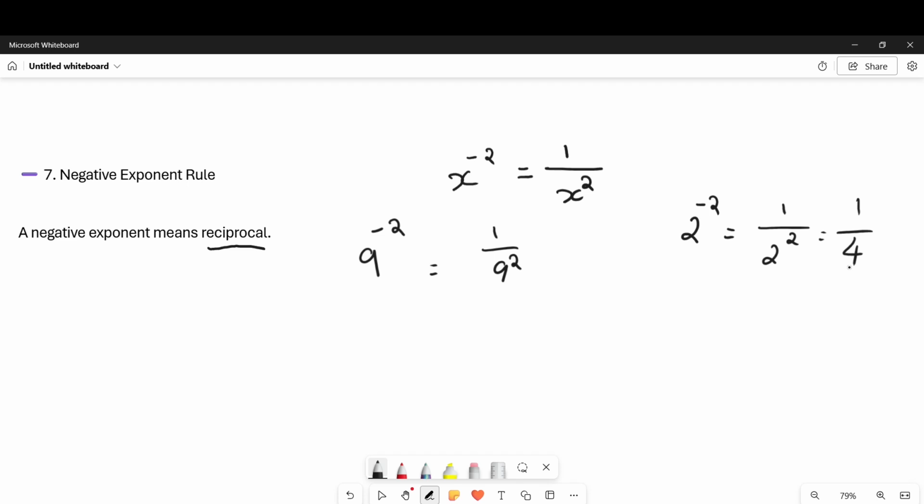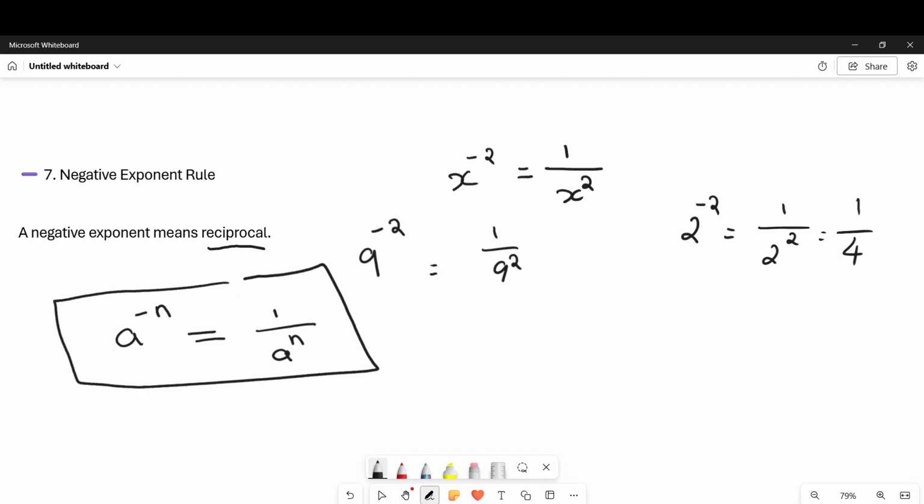This is how we deal with negative exponents. Whenever you have a to the power minus n, we can directly write 1 by a raised to n.